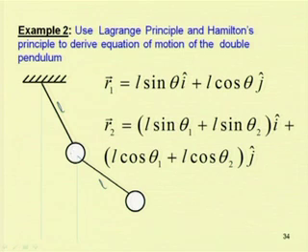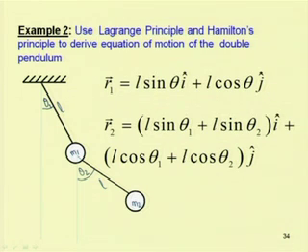So, I can take this mass equal to m1 and this mass equal to m2. Let at time t the first link have rotated by an amount theta 1 and the second one by an amount theta 2 from the vertical position.